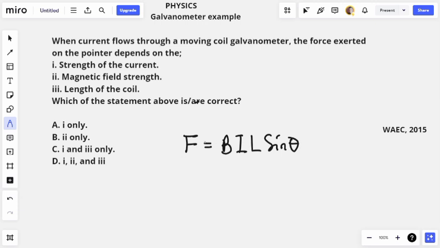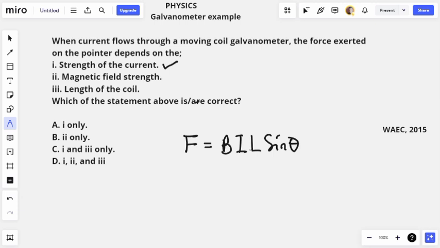Having seen this formula, you see that the force exerted on the conductor depends on the field strength, on the current, and on the length. So let's look at the statements. They say it depends on I, strength of the current, which is true.